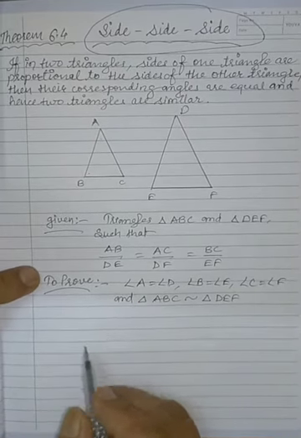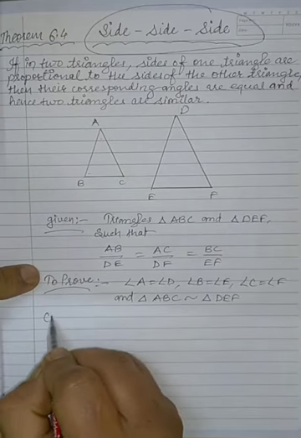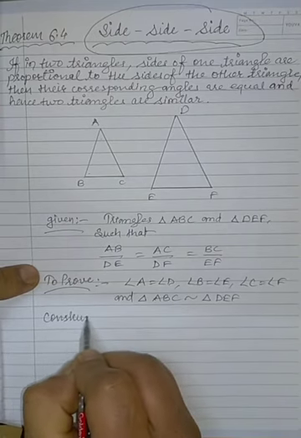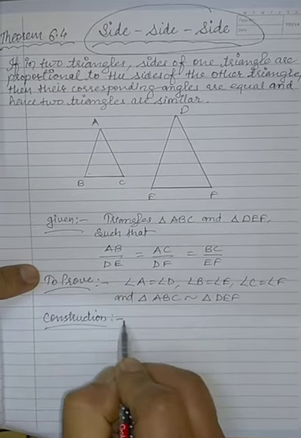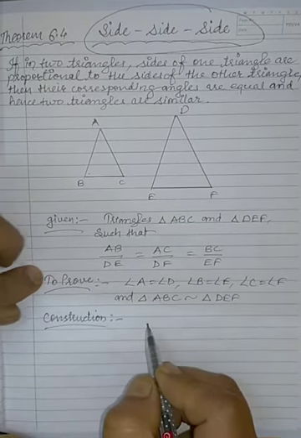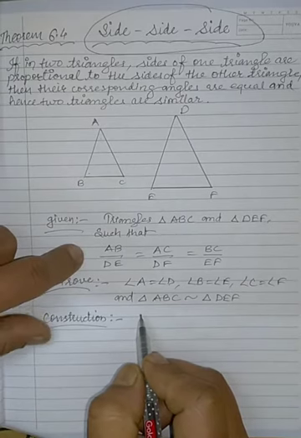So once again we will do some construction on this. Construction we always do on the larger triangle where some desired points can be taken out.